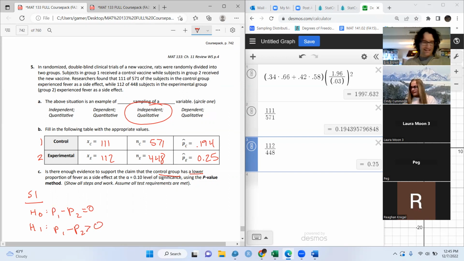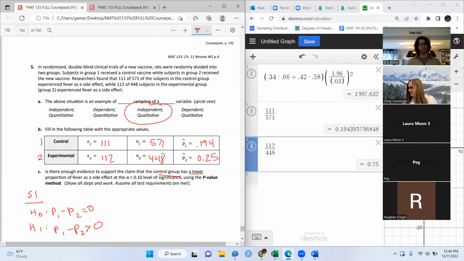Ooh, how do y'all like my step one? So I did P1 equals P2, and then the less than, the control group has lower side effects, but it has to do the 0 thing.